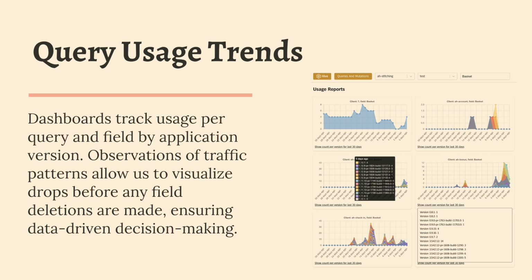So this is one of the examples of the dashboards, and it's query usage trends. Basically, what you see here are charts based on the ClickHouse data, where in this case, in a 30 days time frame, we render the usage per each client, like here, for example, or here. We know what kind of version uses a specific field.